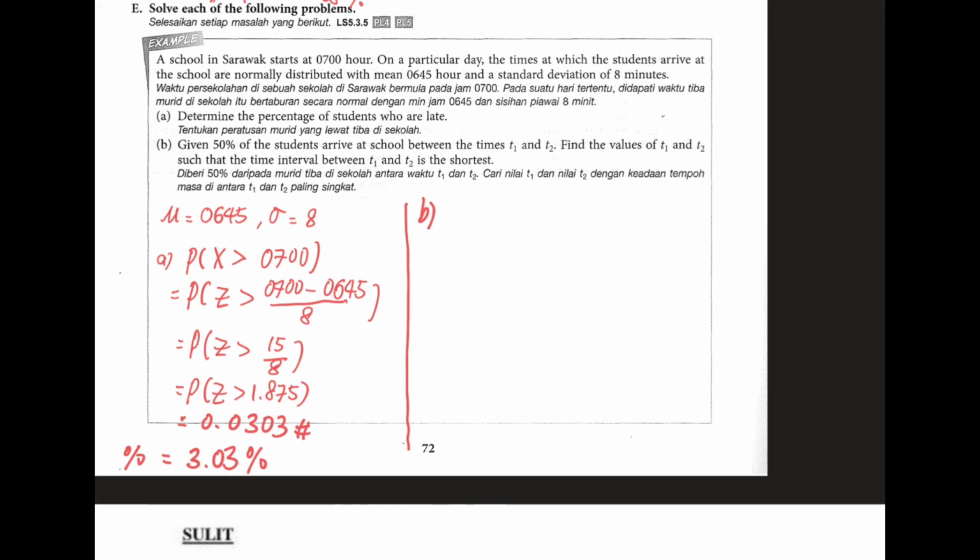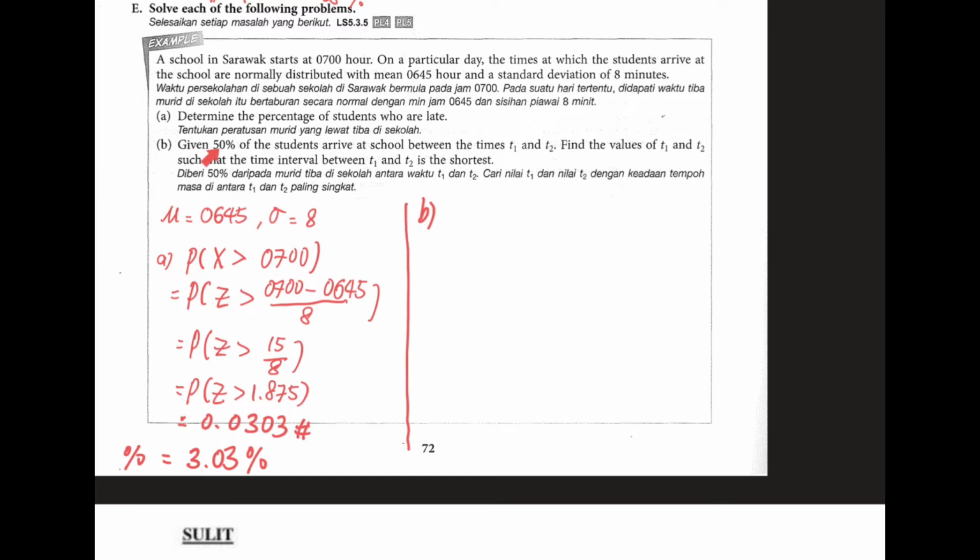The question: given 50% of the students arrive at school between the times T1 and T2, find the values of T1 and T2 such that the time interval between T1 and T2 is the shortest. This seems different from the normal already.